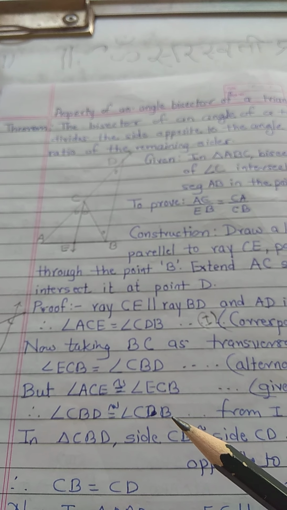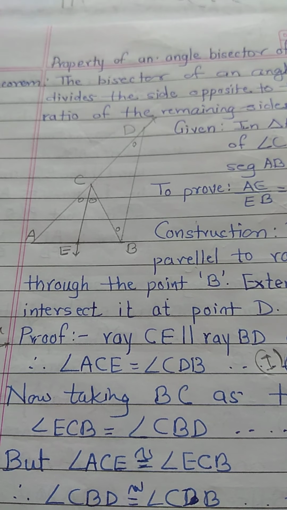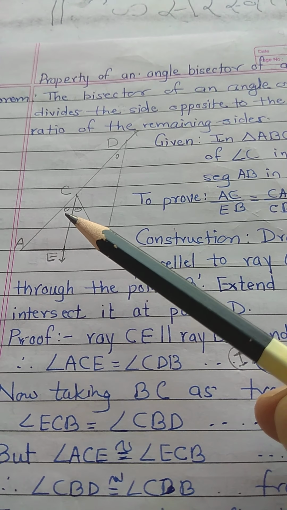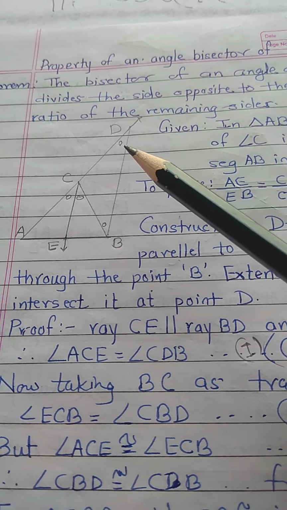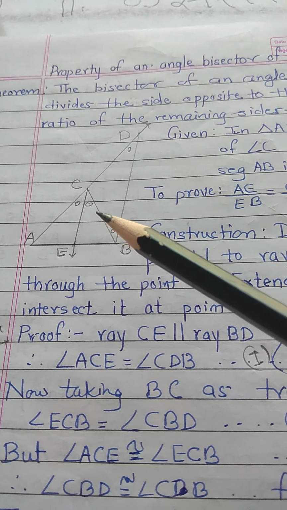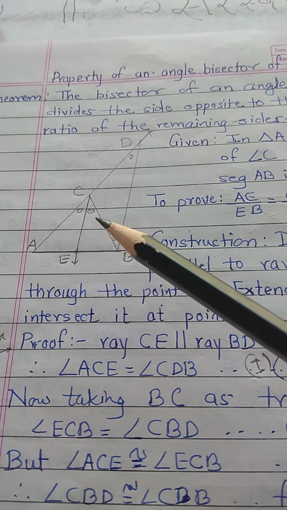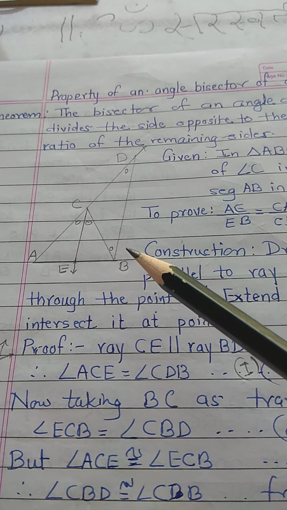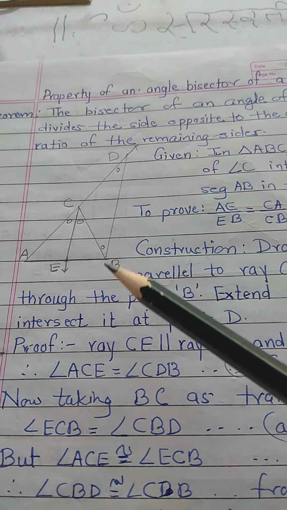From statements number 1, number 2 and number 3, we can conclude that angle CBD is congruent to angle CDB. See here, in the first statement, we have said that angle ACE is equal to angle D. In the second statement, we are saying that angle ECB is equal to angle CBD.